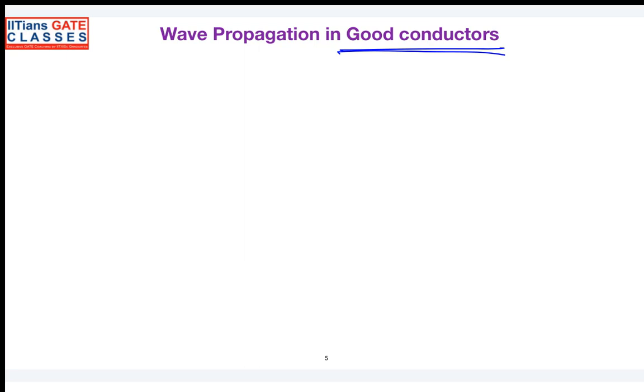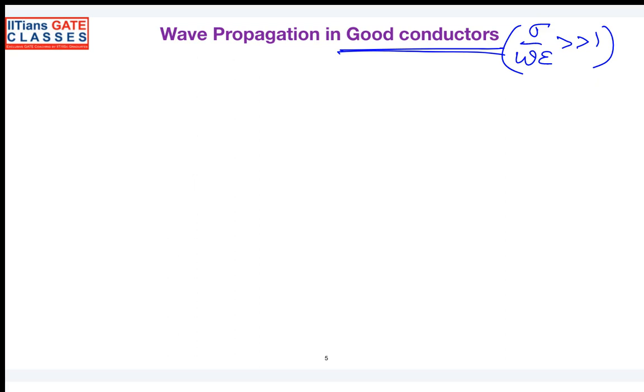What is the definition I have given for good conductors? You should remember. Sir, sigma by omega epsilon very greater than 1. Very good. Sigma by omega epsilon must be much higher than 1. You should not consider sigma equal to infinity. Sigma is infinity, we can consider if it is an ideal conductor. But I am not going to talk about ideal conductors.